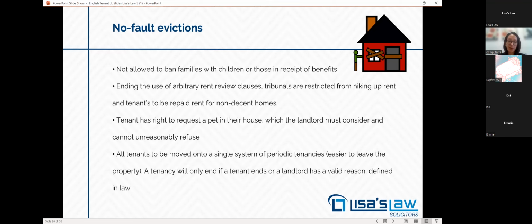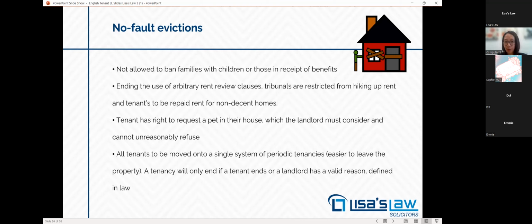I think this is actually a pretty welcome position, because if the property is not up to a livable standard, the tenant should actually be repaid their rent.